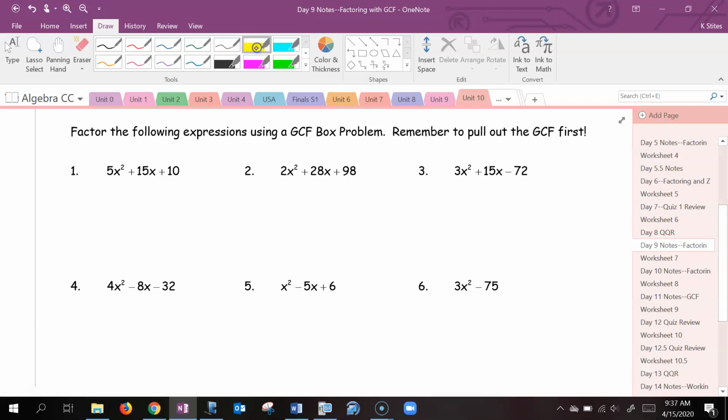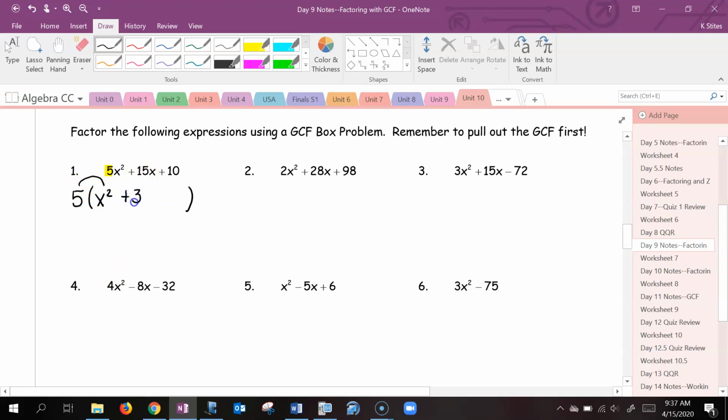All right, so 2 steps for each of these problems. Step 1, identify if you have a number in front. I do. Check, does 5 divide evenly into each of those numbers? It does. So I'm going to bring out my 5. Open up my parentheses, and now I'm basically going to do reverse distributive property. 5 times what is 5x squared? Just an x squared. 5 times what is 15x?